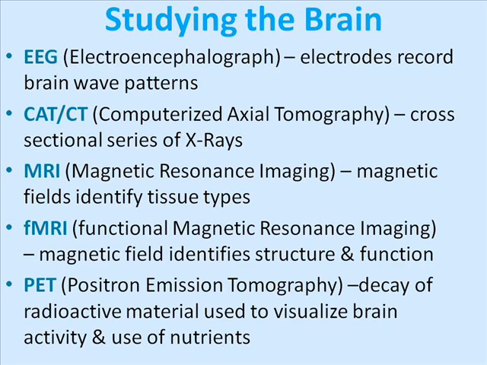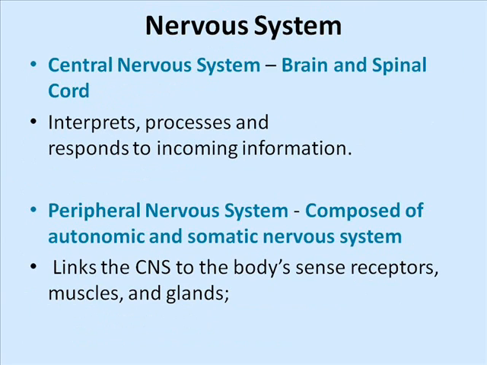Objective number 11 asks you to explain the difference between the central and the peripheral nervous system. As the name suggests, the central nervous system is in the center of the body and consists of the brain and the spinal cord. The brain and spinal cord are responsible for responding to incoming information after interpreting and processing the signals that it receives from the peripheral nervous system.